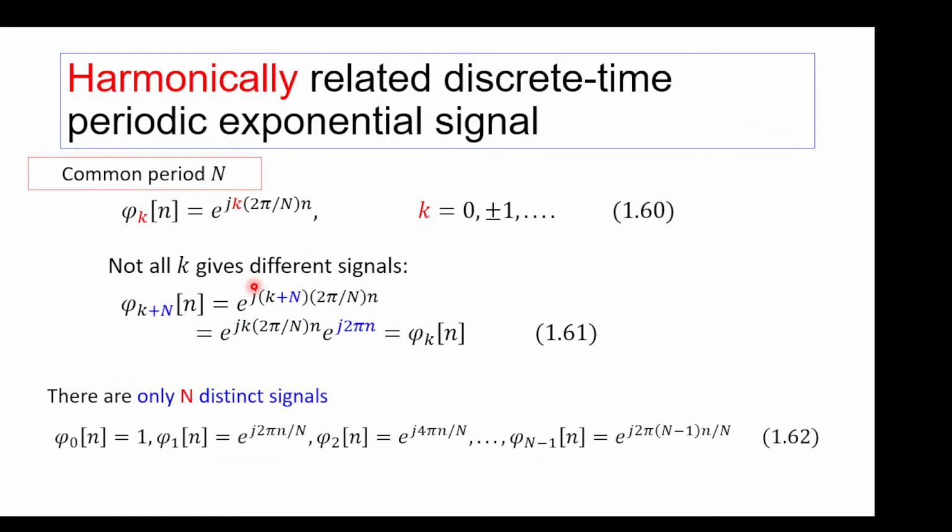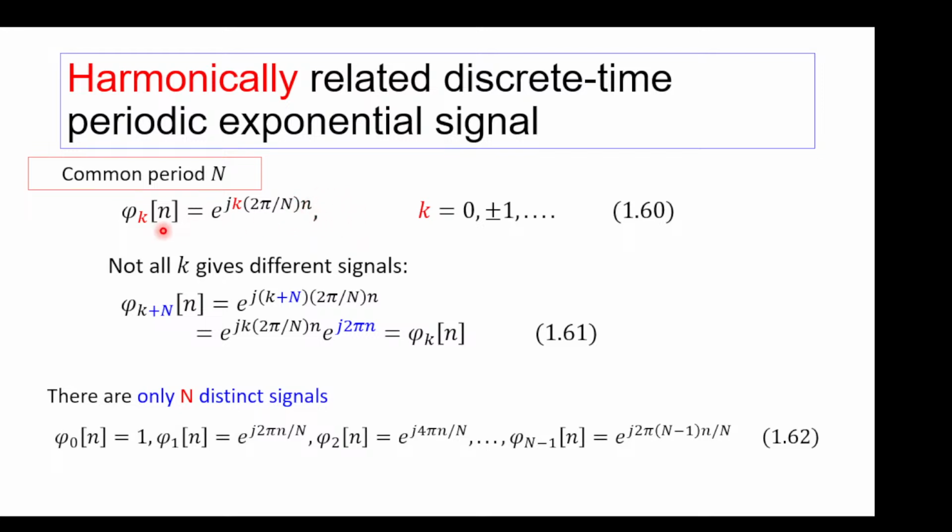Okay, and similar to continuous time, we also want to talk about harmonically related discrete periodic signals. Once again, the idea is we want signals with some common period big N. And here we just write our answer because it's very similar to continuous time.